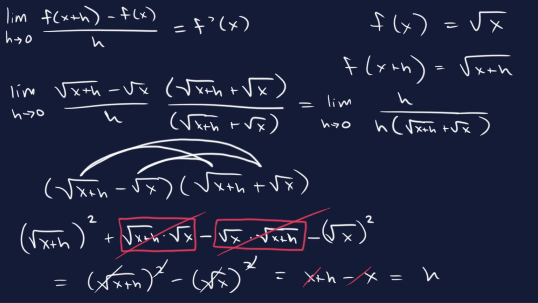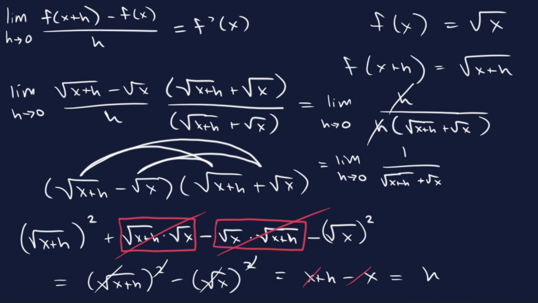And you notice that because there's an h term on top and bottom, and they are being multiplied in both terms, you can get rid of them by just canceling them. And so what you will be left with is the limit as h approaches 0 of 1 over the square root of x plus h plus the square root of x.